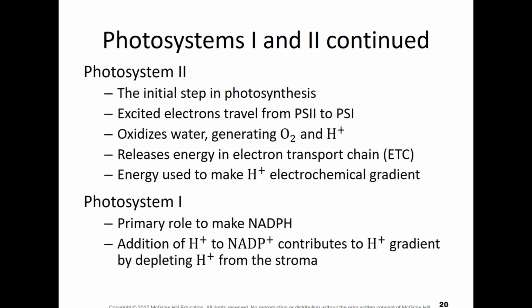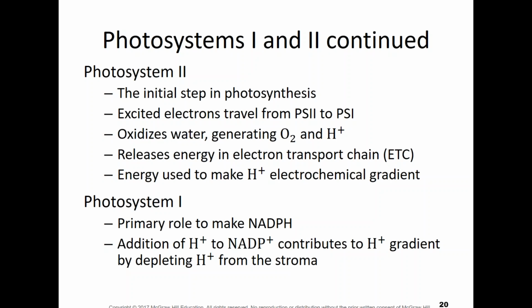Hydrogen ions are produced, and as happens so often in these energy production steps, just like in cellular respiration, there's an electrochemical gradient that is produced because of the hydrogen ions across this electron transport chain.